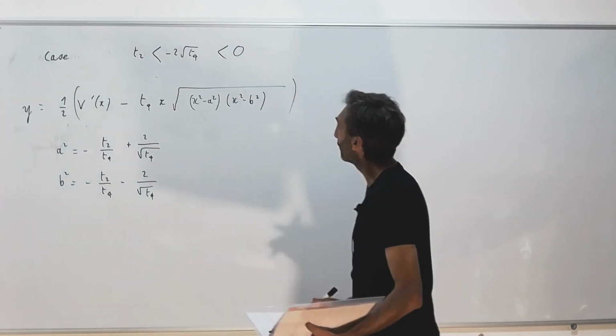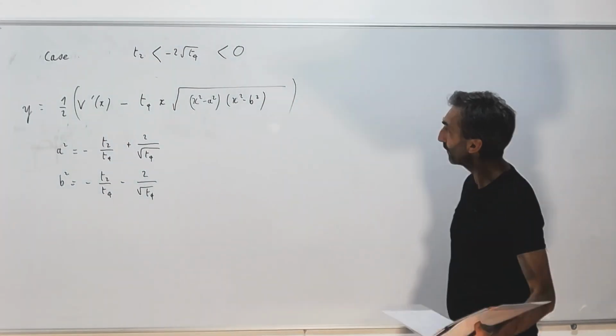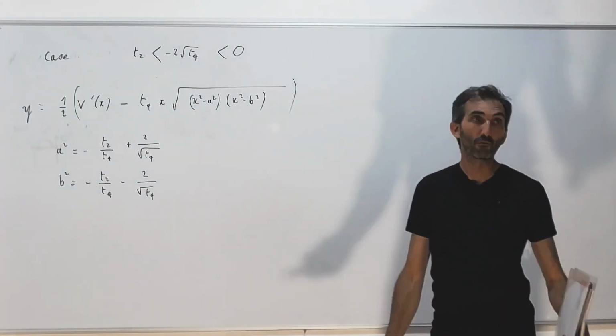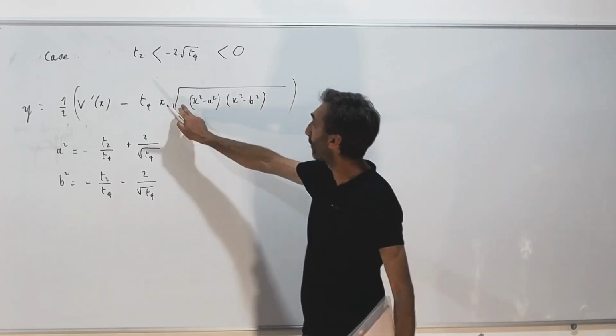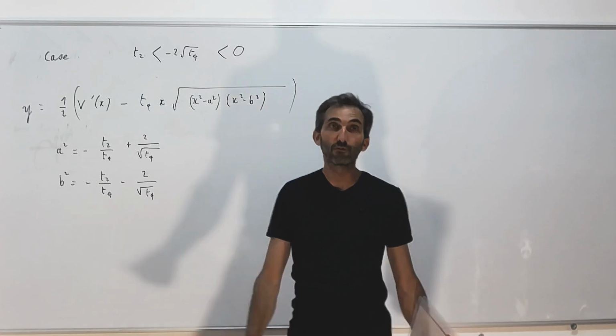So you see that now the polynomial under the square root has 4 simple roots instead of 2. And it still has a double root, which I could pull out and which is located at 0.